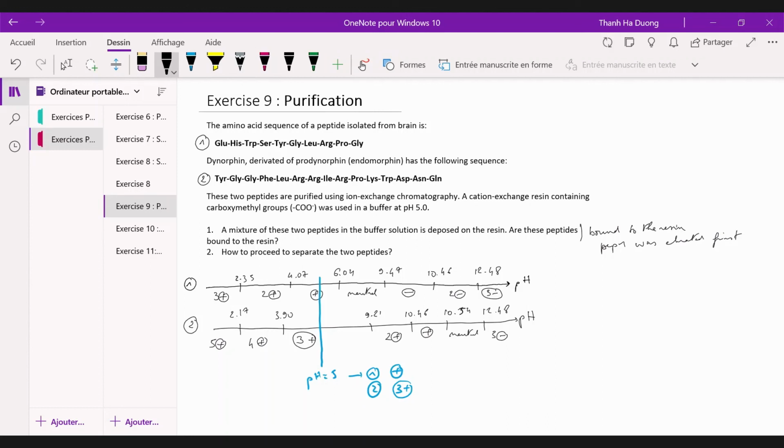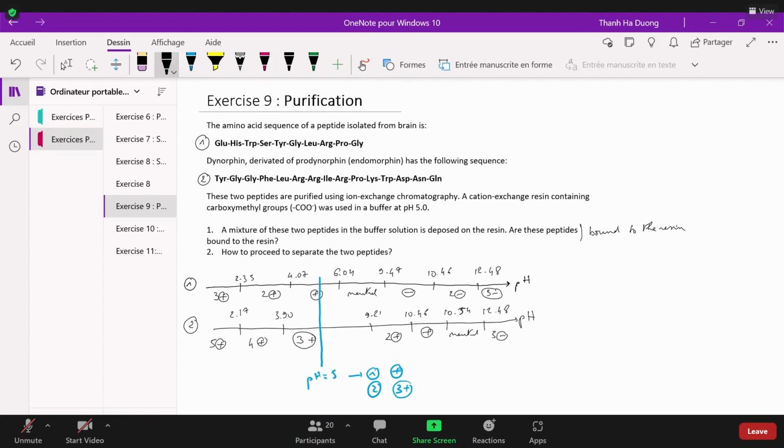So how to proceed to separate these two peptides? Because all the peptides are bound together, we have two ways to elute them.